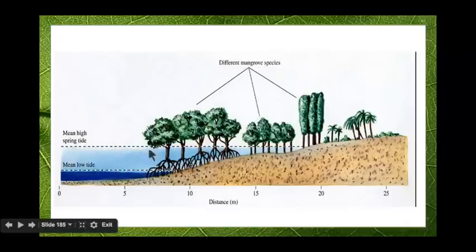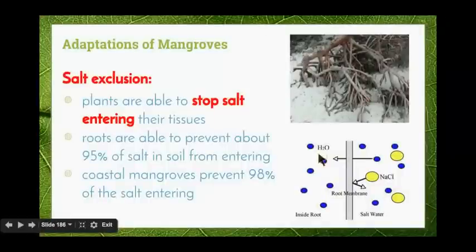So when the water comes in from the oceans, all of these plants here are inundated with salt water, and then as the tide goes out, there is minimal water available for these plants here. So the different plants that live here, we've got a number of different mangrove species who are able to deal with these changes in concentration in different ways.